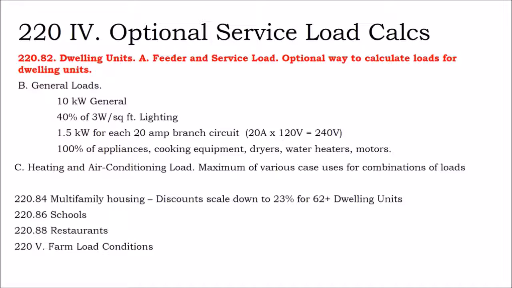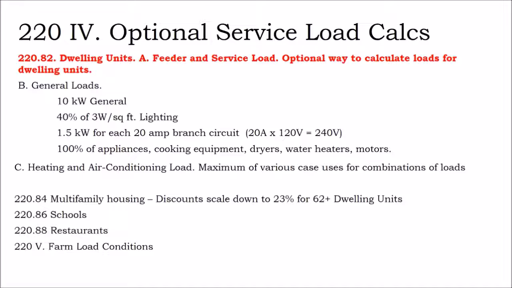Optional service load calcs, dwelling units, feeders, and service loads. There are other ways to calculate how much power you need to give to dwelling units. What we see here is 10 kilowatts for general service, and then 3 watts a square foot for lighting for 40% of the home.